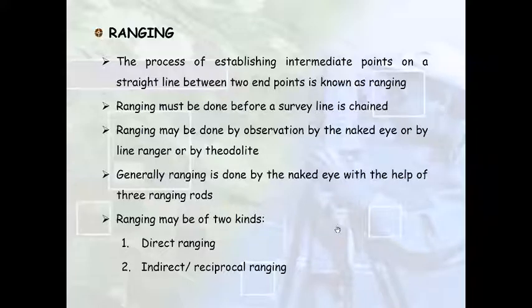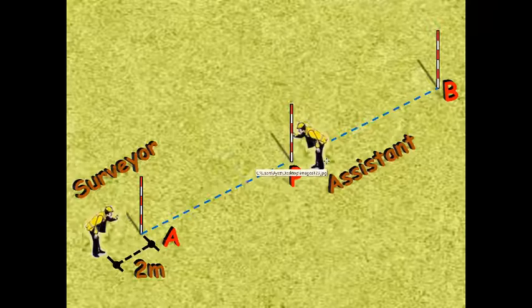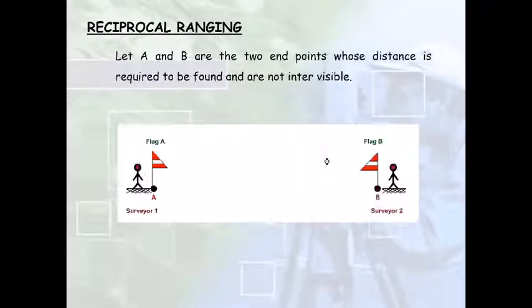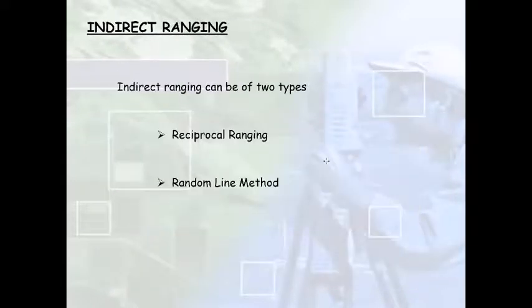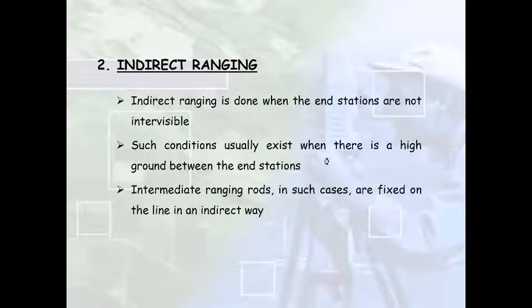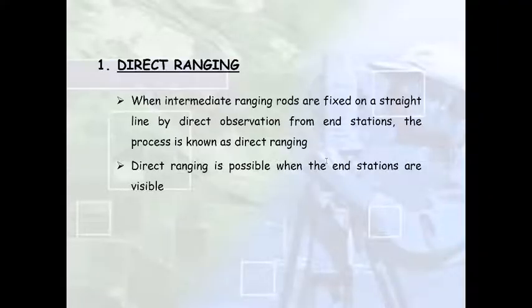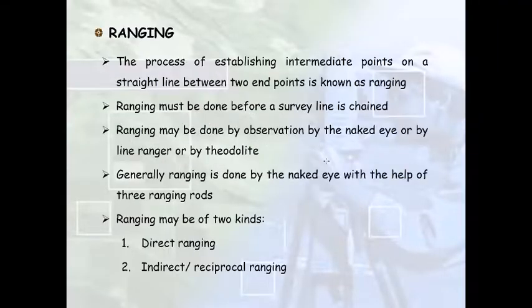So ranging is a process in which you set out intermediate points on a straight line. When you want to find out the distance between 2 points, or set out points whose distance is large, usually your measuring tape is 30 meters.